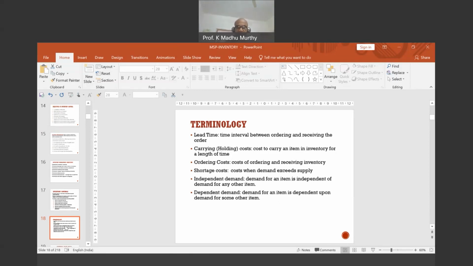So all these are included in the carrying costs. Ordering costs.